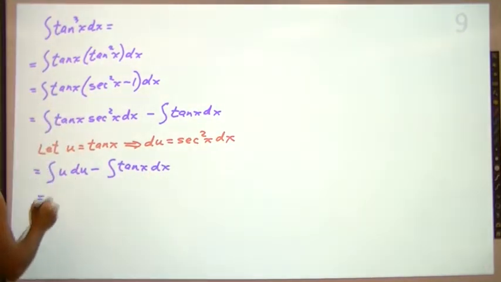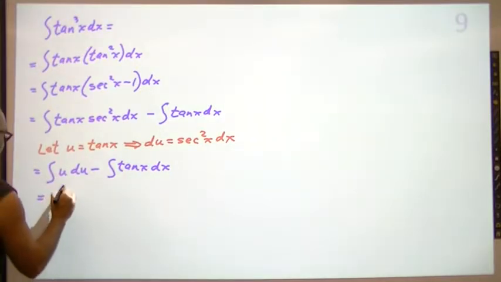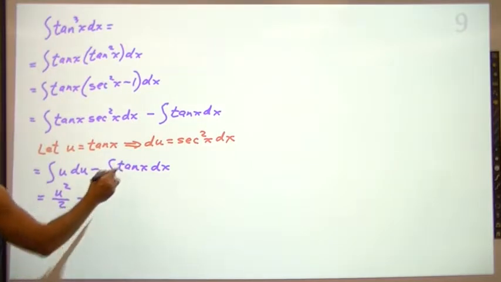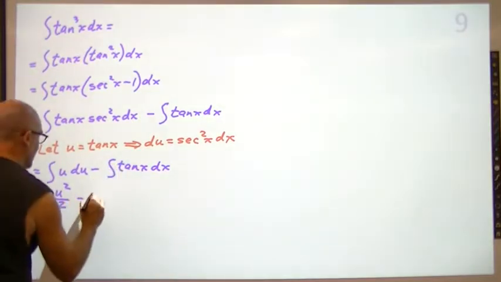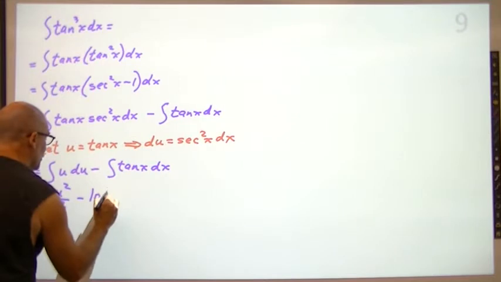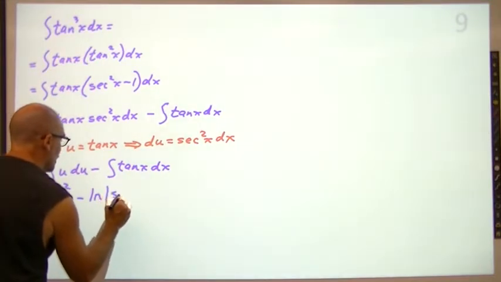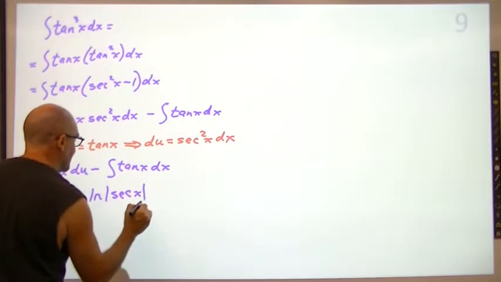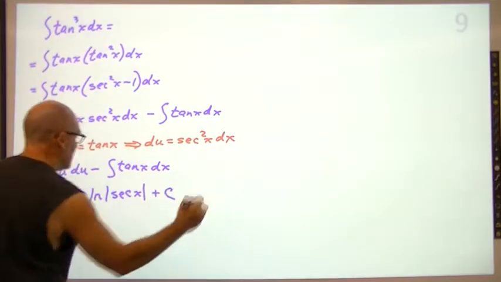Now, u du is going to be u squared over 2, and the integral of tangent x, we just learned that, is natural log of secant x plus c.